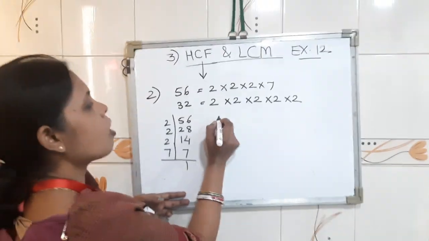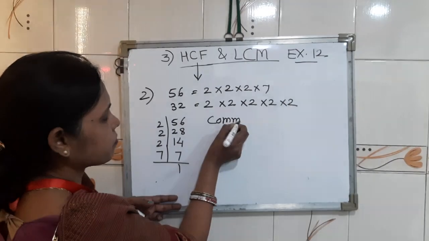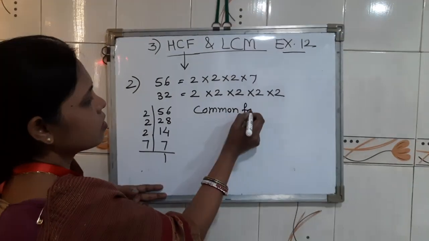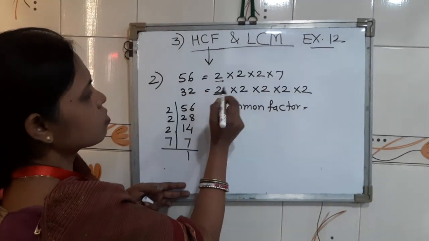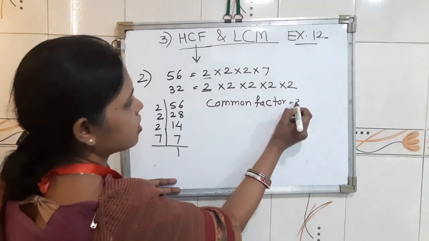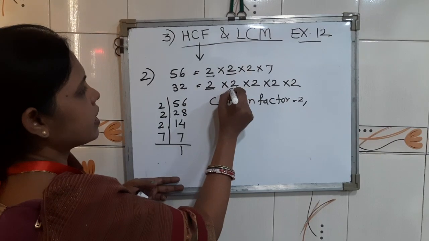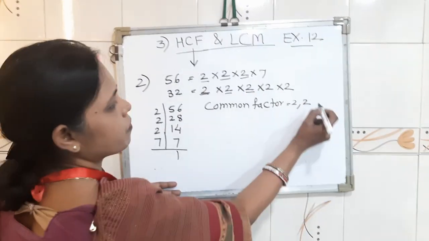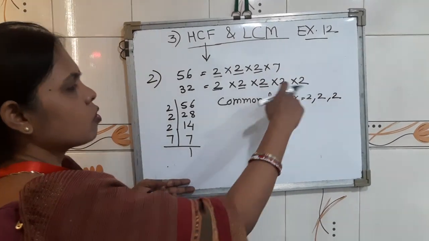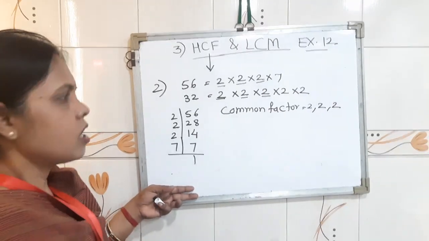Now next we will write the common factors. First write down 2. Next, second 2. Third common factor, that is 2. Now no number is there as common.